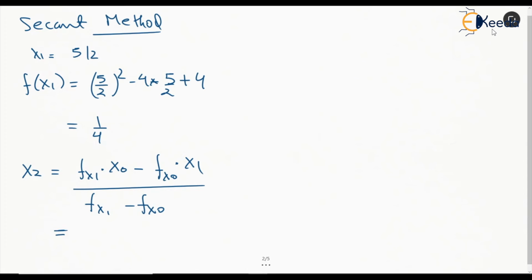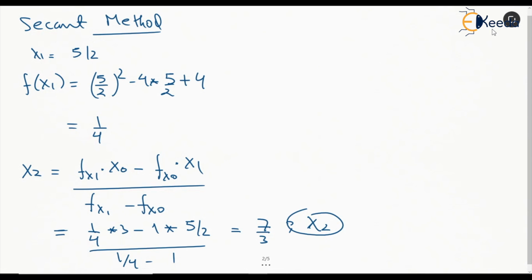F of x1 is 1 by 4, x naught is 3, f of x naught is 1, and x1 is 5 by 2, divided by f of x1, which is 1 by 4, minus f of x naught, which is 1. So this comes out to be 7 by 3, and this is our new estimate we are looking for, x2. So this is done applying Newton-Raphson and then the second method.